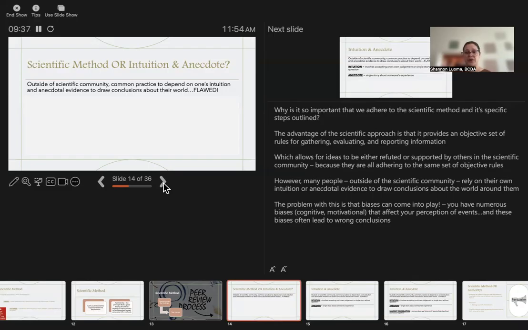And this is very important because when we go to replicate and our findings either refute or support others in the scientific community, that is possible because we're all adhering to those same set of objective rules. If we were all flying by the seat of our pants, doing whatever we felt like, it's impossible to compare findings from one lab to findings of another lab because they're doing different stuff, right?